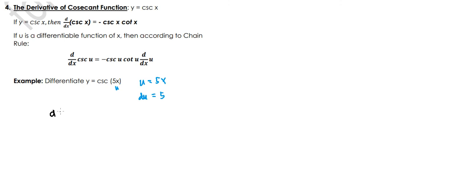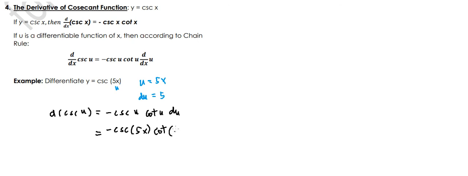The derivative of cosecant u is equal to negative cosecant u cotangent u du. Okay, let's take it one at a time. Negative cosecant u, and our u here is 5x. Then cotangent, u again is 5x. And our du is 5.